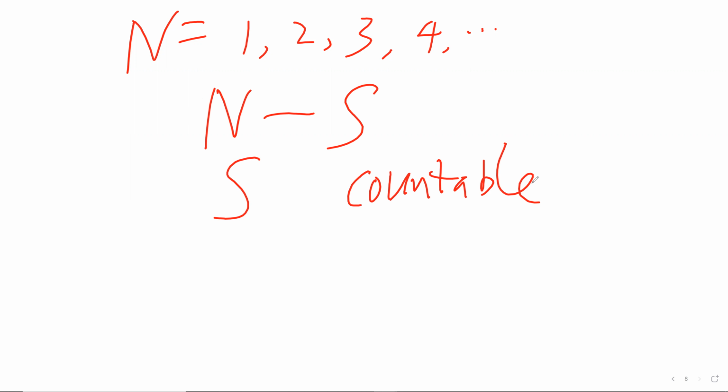Obviously, if a set is countable, it's infinite because N is infinite. If a set is finite, it contains a finite number of elements, then there cannot be a one-to-one mapping from integer numbers to S.